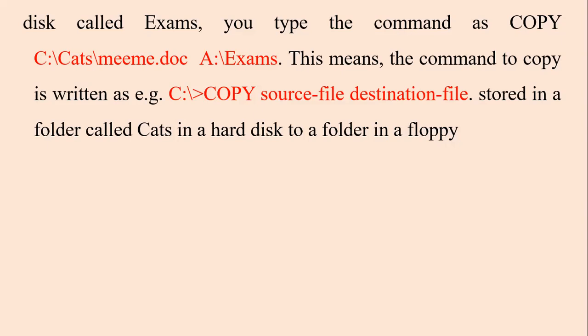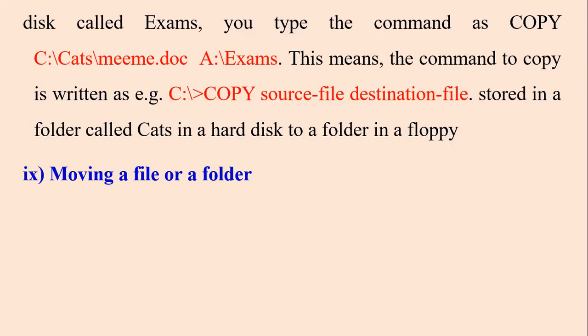When I talk about source file, it is the entire path for that file, space, destination file, that is the full path for the new location for your file. So the source file is in the hard disk, but the destination file will be kept in a floppy disk.